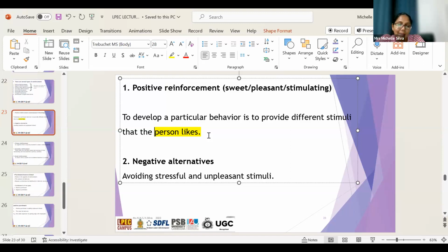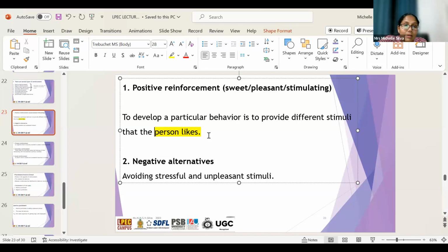Let's say your child has passed an examination. If she is eagerly waiting to buy a book, or to have some appreciation in front of the family, that is positive reinforcement. You are giving pleasant stimuli to encourage that certain behavior, that means to pass exams more and more in future.